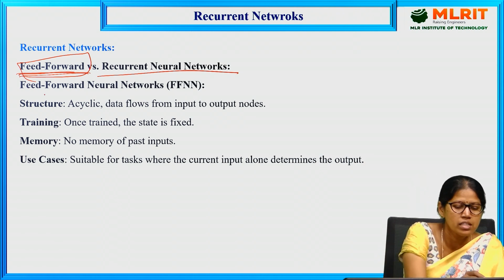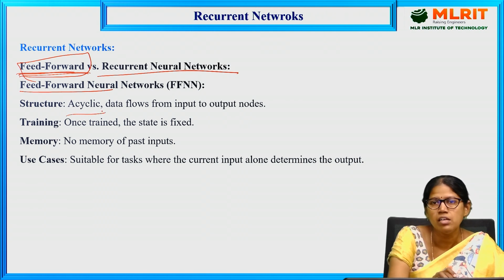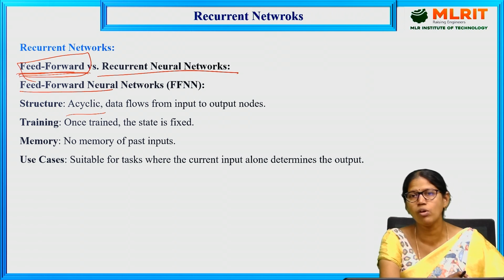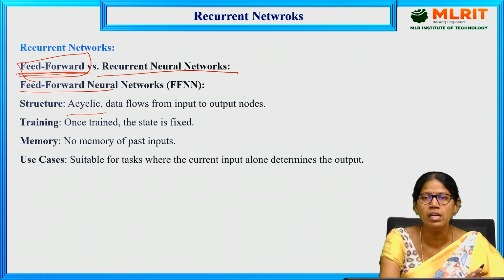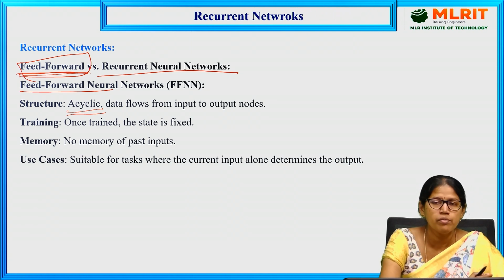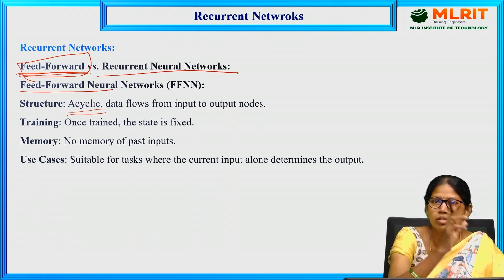Okay, let's see the feed forward network structure. The structure is acyclic. There is no past input data. There is no past history available to this feed forward network. Whatever current data is available, that is the fixed one. The flow of data is from input to output, and there is no cyclic connection where the output data is fed back to the input.